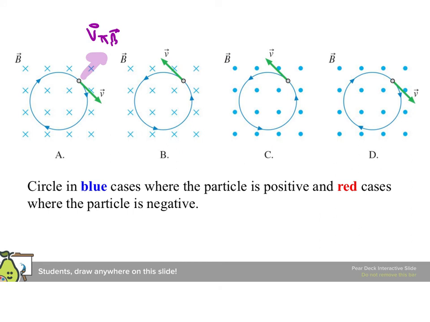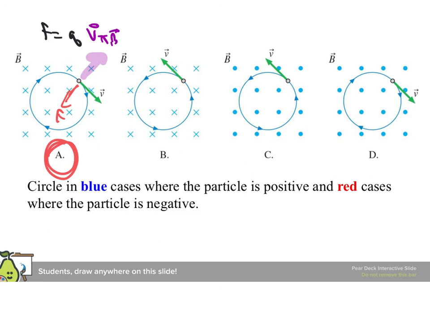And we know that F is Q times that. Since I need F pointing in, otherwise it won't go in a circle, then Q must have been negative so as to flip the sense of V cross B.